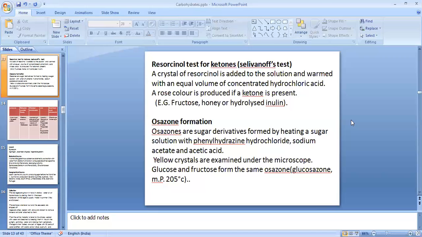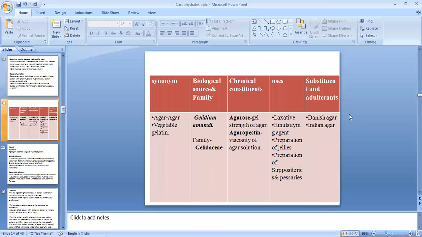Under your syllabus, you need to study 4 drugs, that is acacia, agar, tragacanth and honey. These are the 4 drugs for which you have to study the whole pharmacognosy. Under that, first we are going to see agar.